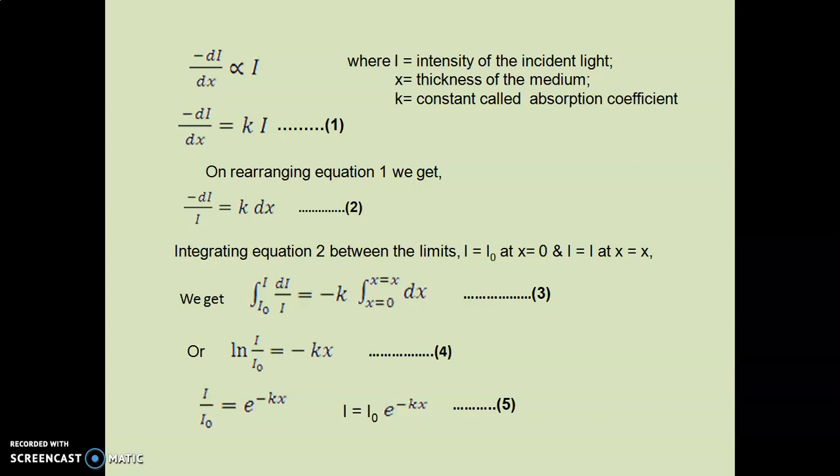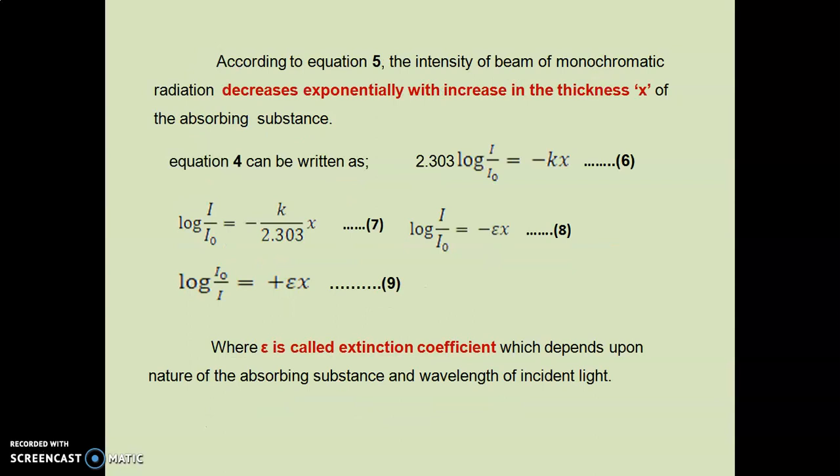Now in the next step, we are going to write equation 4 as log to the base 10. According to equation 5, the intensity of the beam of monochromatic radiation decreases exponentially with the increase in the thickness x of the absorbing substance.